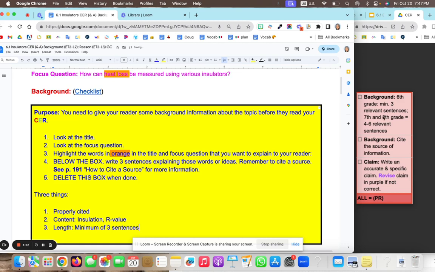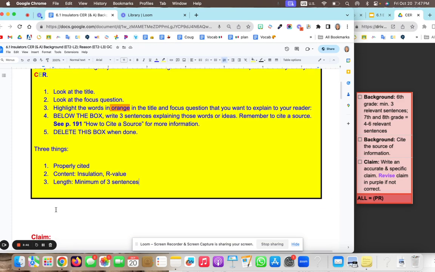So below this little box, it says background, you're going to type your background here. So, according to... and think about what might be some pages that you could reference in your ISN. Look at your table of contents. Where do we talk about insulation? Where do we talk about R values?